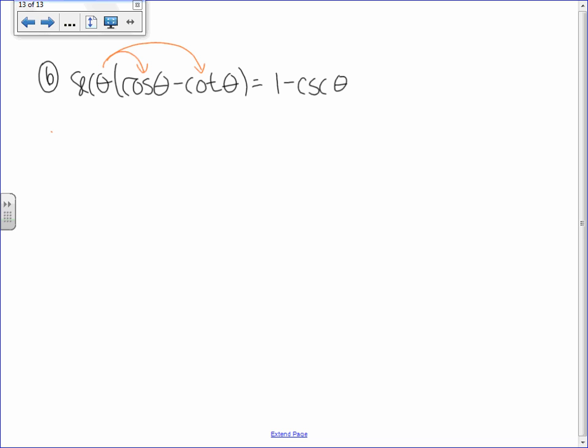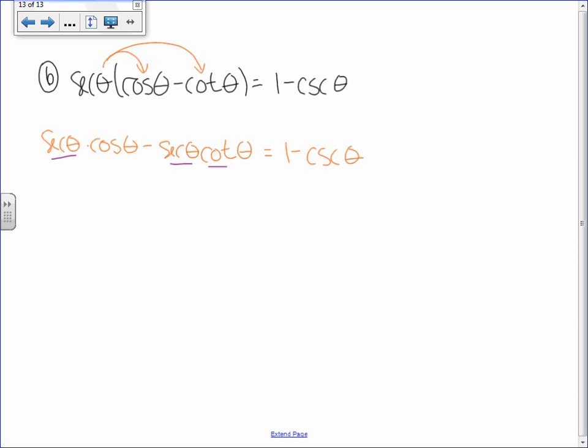So if I do that, I'm going to get secant theta times cosine theta minus secant theta times cotangent theta equal to 1 minus cosecant theta. Okay, so we might not think that that really helps at all, but I've got this secant, and I also have a cotangent.